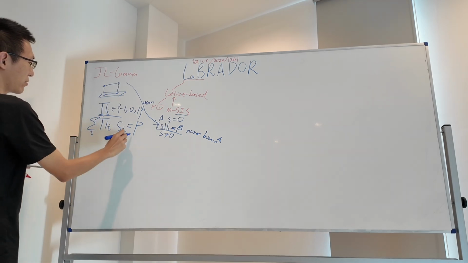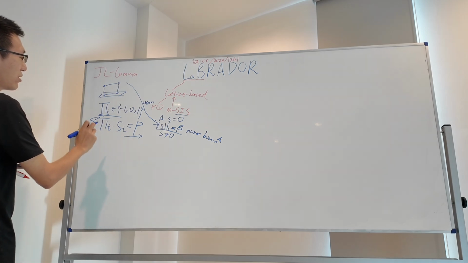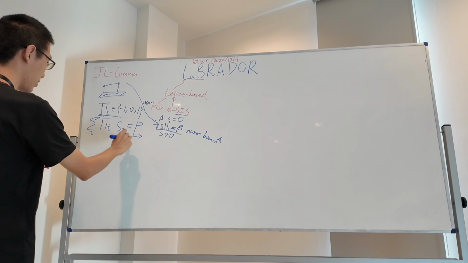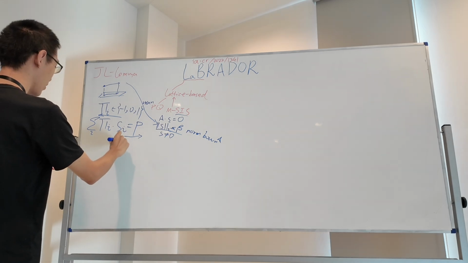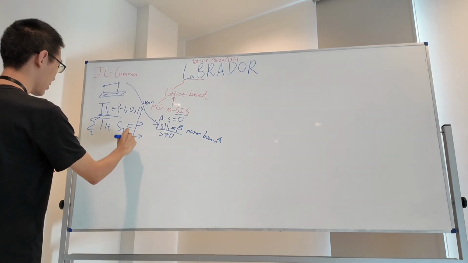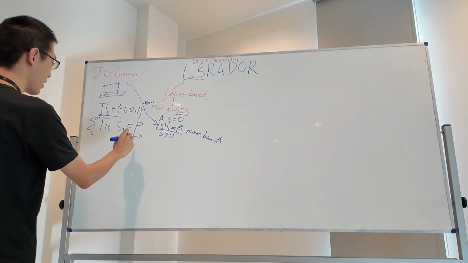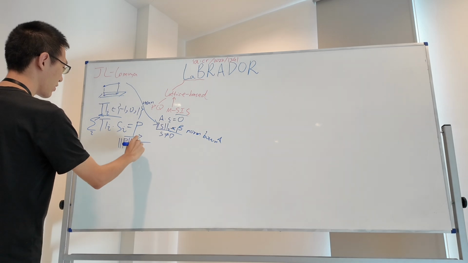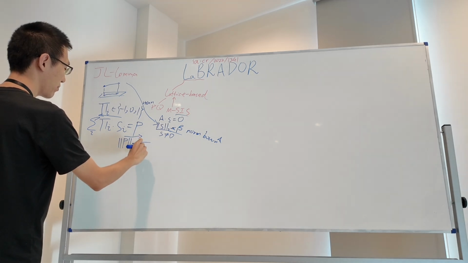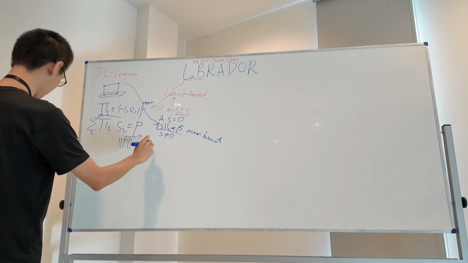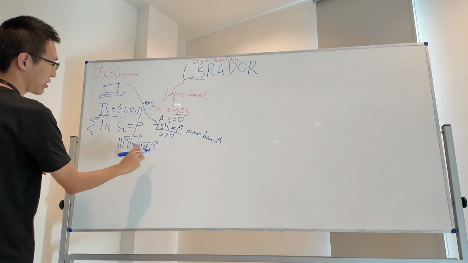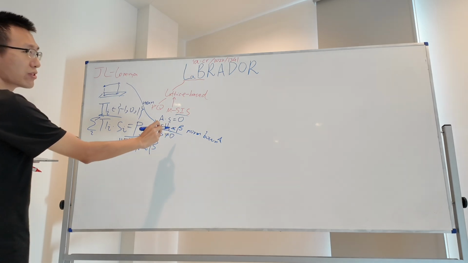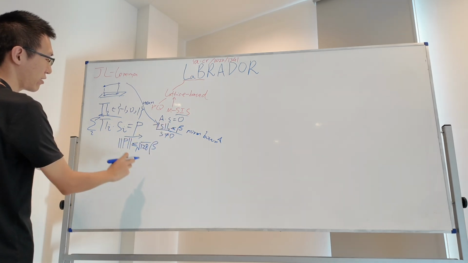And the prover will send this projected P to the verifier. So the verifier now only needs to check that the norm of P is not greater than something like square root of 128 times beta. Like originally we want to check directly that it is not greater than beta, right?